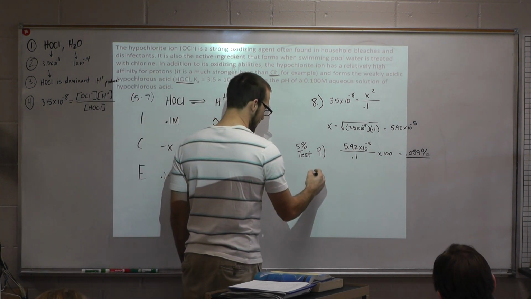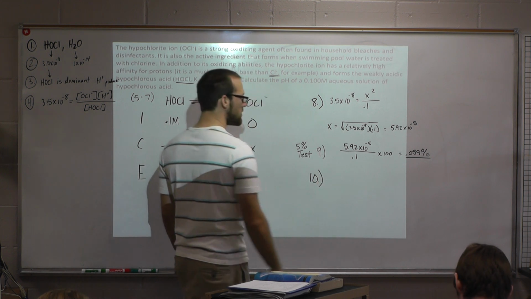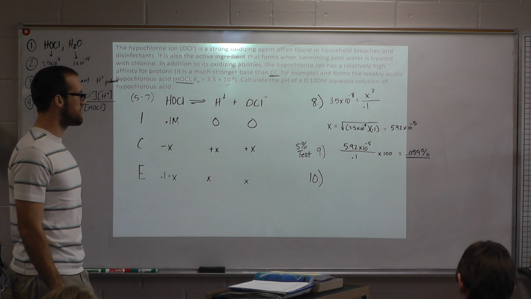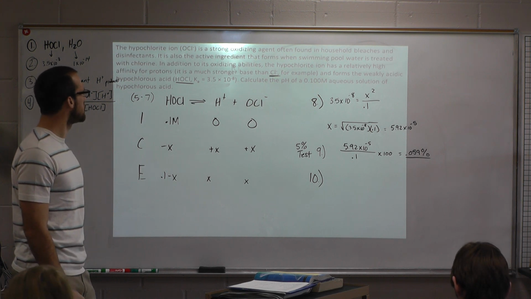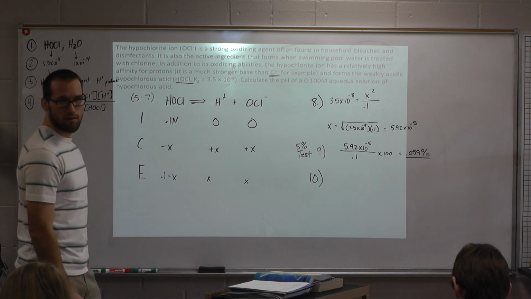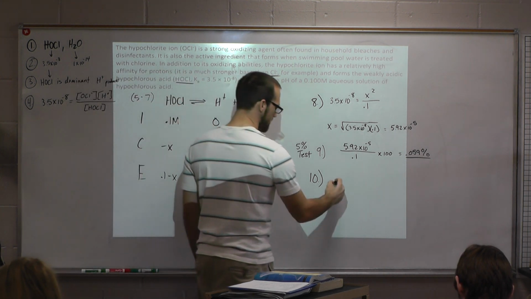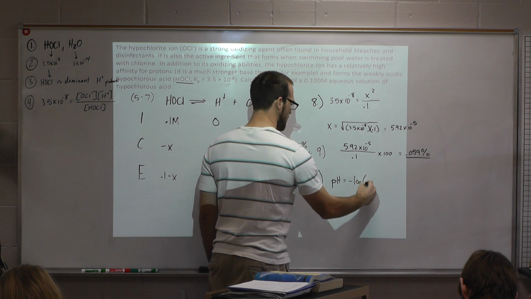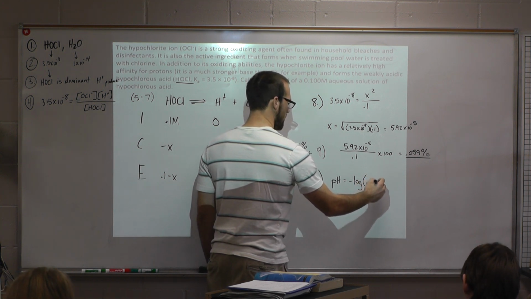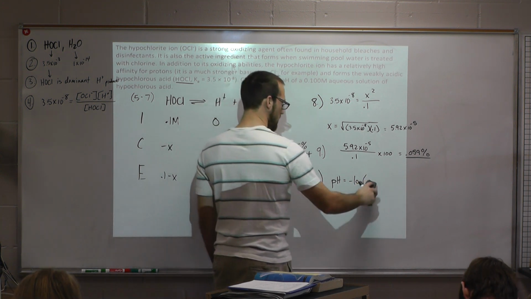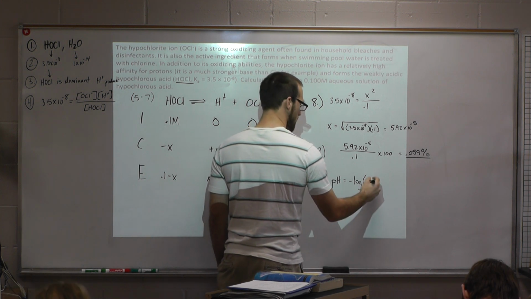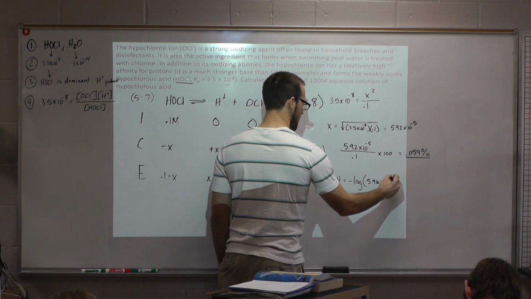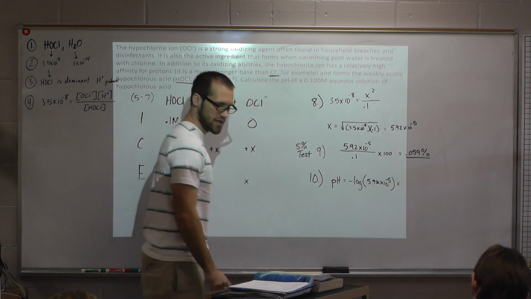And now that we know that that is our correct X, or a sufficient approximation for X, what do we do? Negative log to get to what? And pH is?